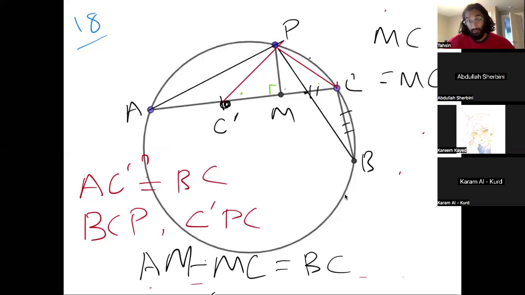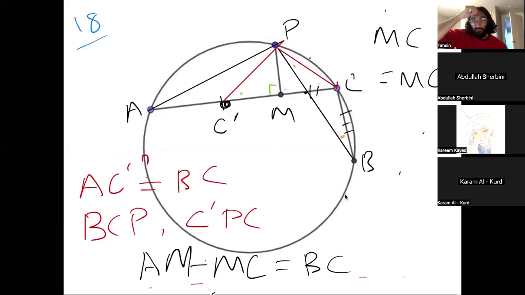So if it were to be equal to BCP, it would have to be something kind of miraculous, right? Because you would need basically this angle here. Maybe you cannot see it. You would need this angle and this angle to be equal, right?